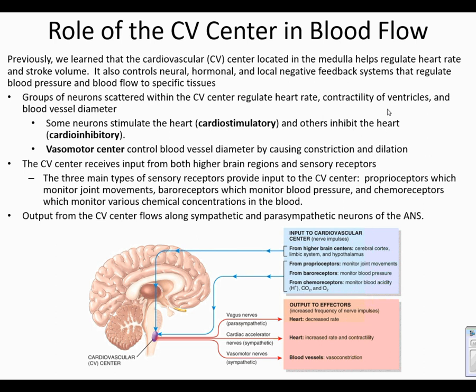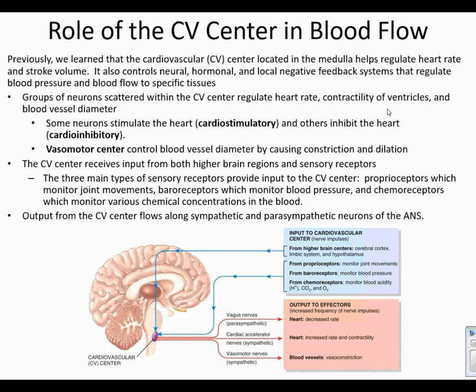Okay, the last thing I want to talk about, and this is what we'll actually spend pretty much the rest of the lecture talking about, which is how we control the flow of blood. Just like we talked about the control of your heart, it can be traced back to your cardiovascular center in your medulla. We learned on Wednesday how your cardiovascular center regulates heart rate and stroke volume.